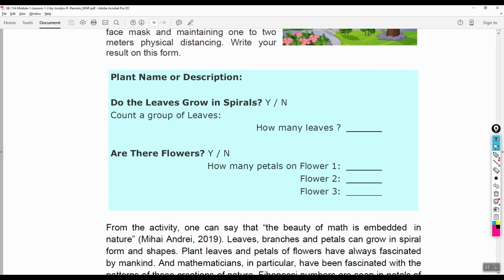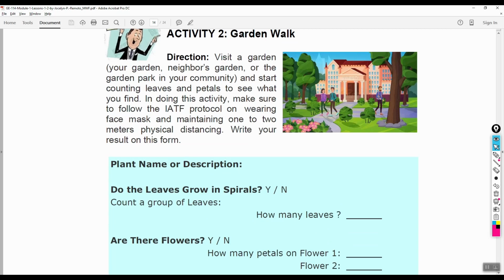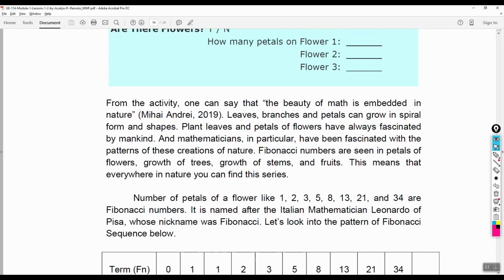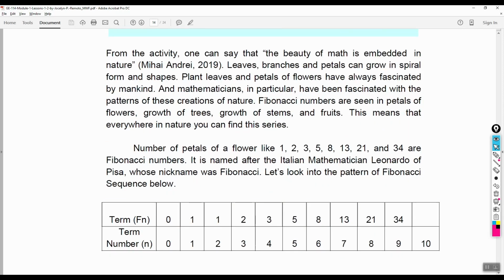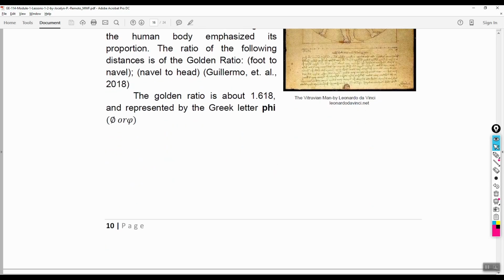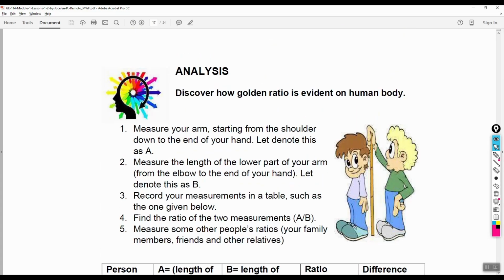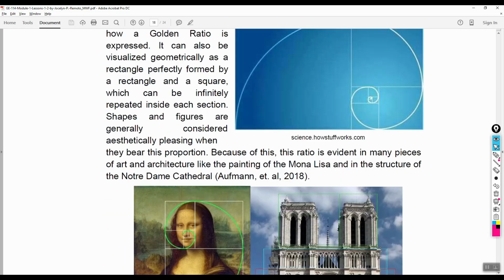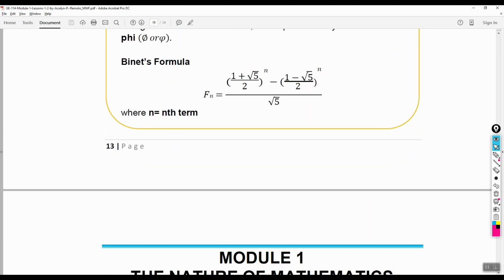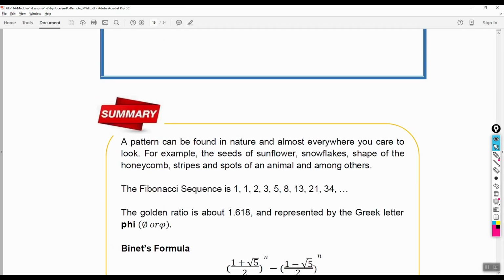I already instructed you to make sure the evidence of which garden you went to, with your picture, is reflected there. So you will have to answer up to here, no? Analysis also, application, that will be the end of lesson 1.